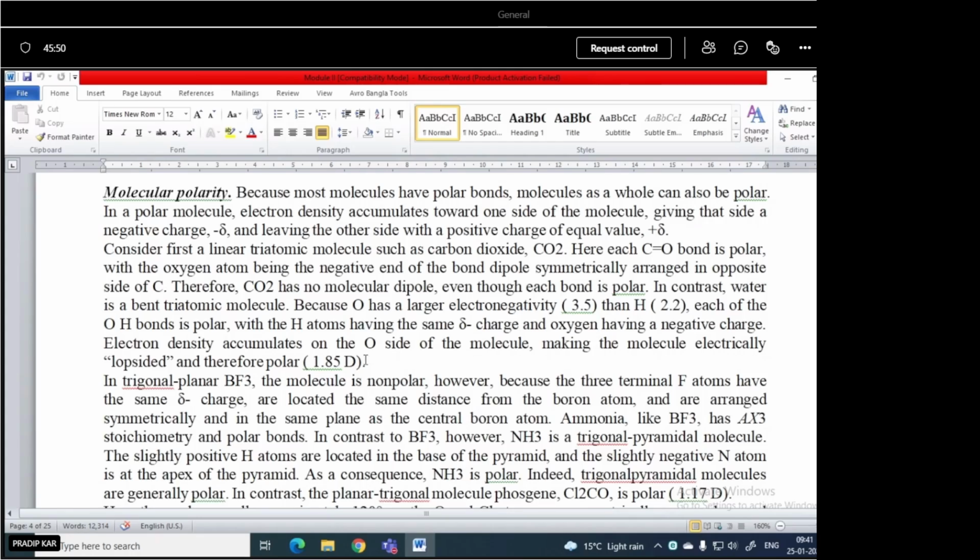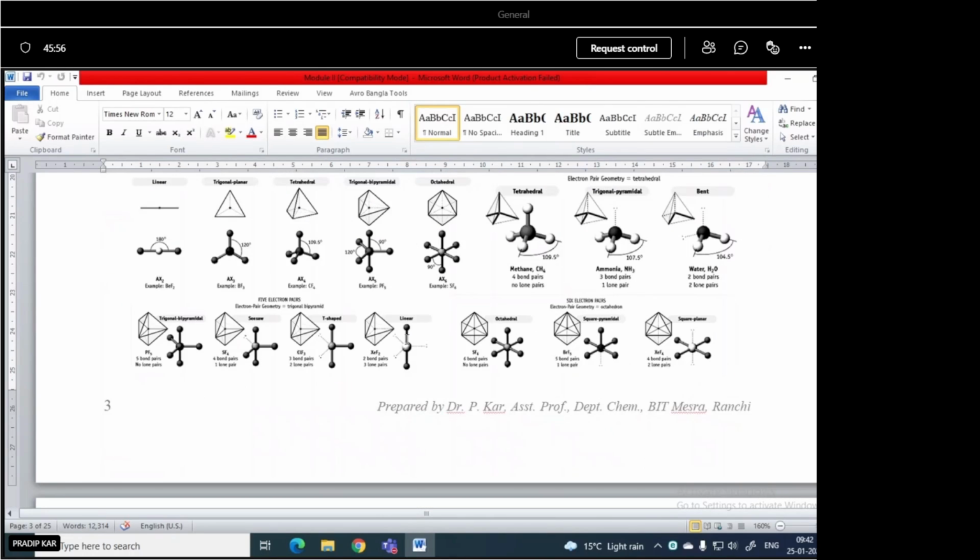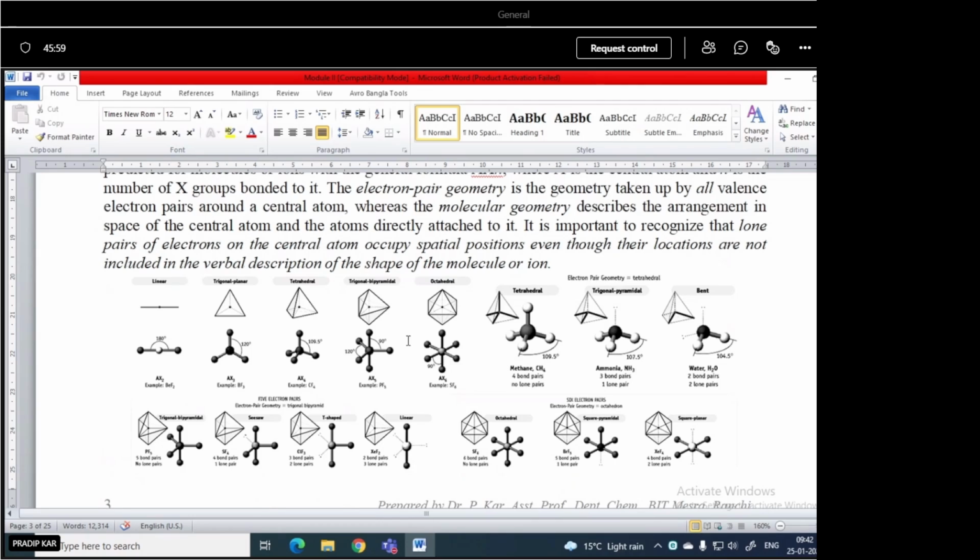Okay. Similarly, in case of BF3, what should be the case, whether it is polar or non-polar? Trigonal planar, sir. BF3 का क्या होगा? पोलरिटी रहेगा कि नहीं रहेगा? नहीं रहेगा, जीरो रहेगा। Non-polar.